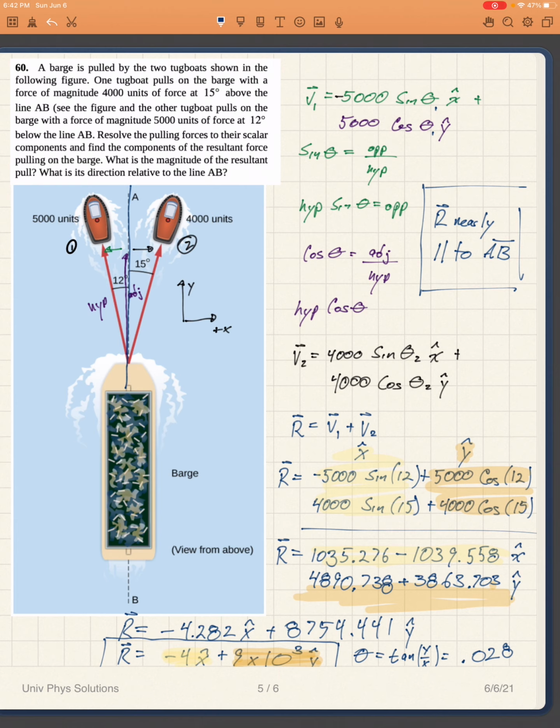So for the magnitude, you would use the Pythagorean theorem, which would mean that you take the square of the x component plus the square of the y component and then take the square root. As you can see, the y component is so large that adding this small component here is not going to make a difference. So even without making much of a calculation, you'll know that the magnitude of the resultant force would end up being this. Okay, that's it for this one.